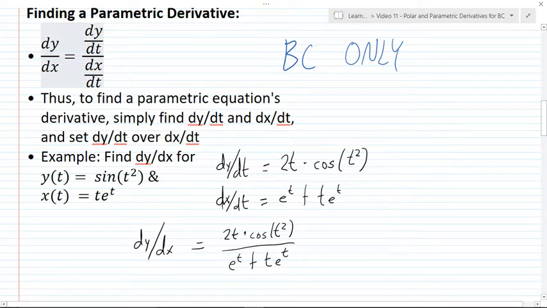A lot of times your challenge is going to be finding dy dt or dx dt, and also simplifying. A lot of times these can get big, and you'll be asked to simplify it, and that can be very overwhelming sometimes.